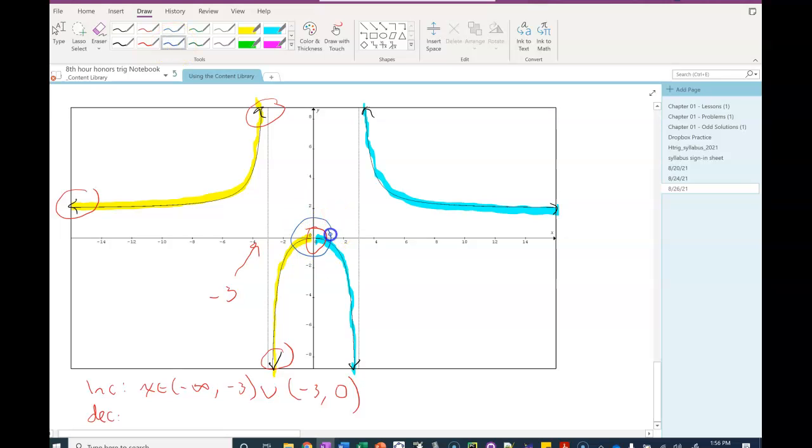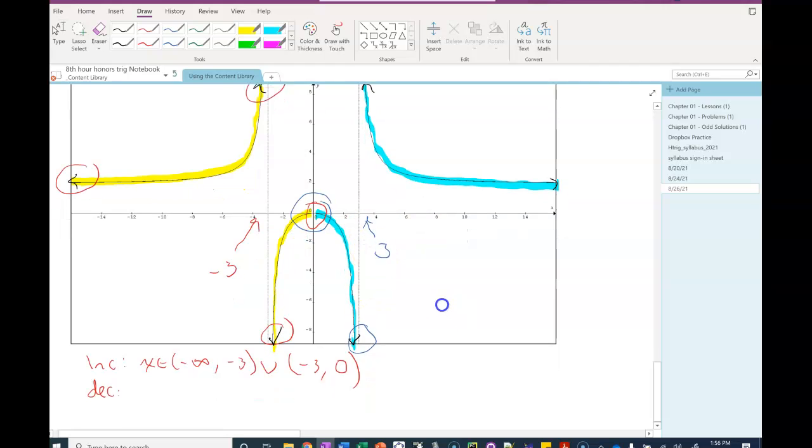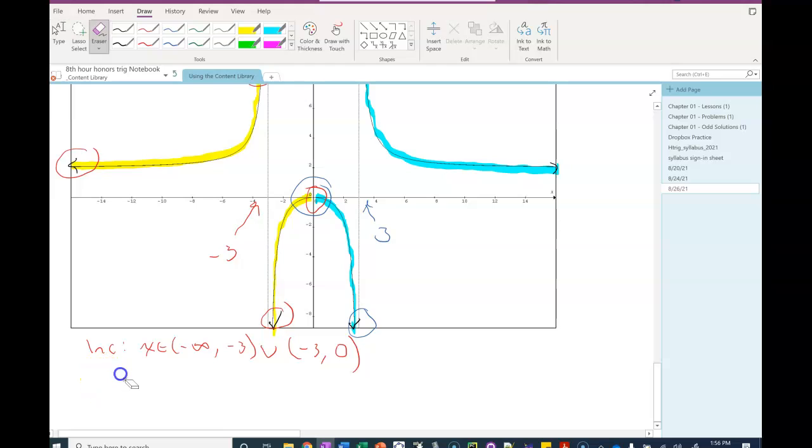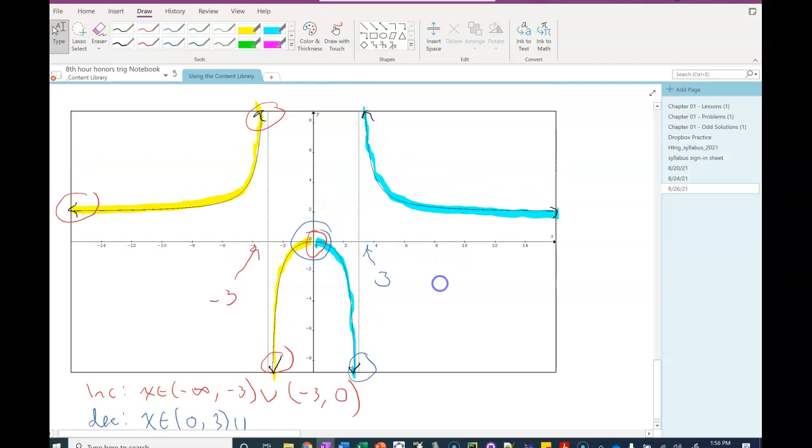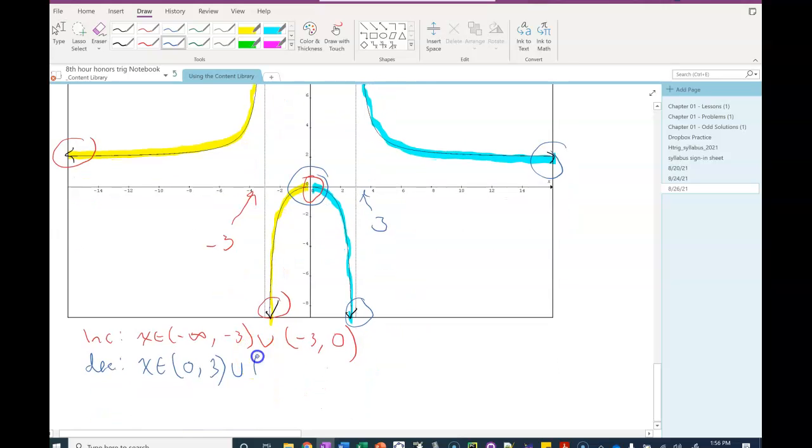For the decreasing, we start at 0 and we end at the asymptote, which appears to be 3. And then we start at the other side of the asymptote at 3, and we go on to the right forever, so 3 to positive infinity. Feel good? Great.